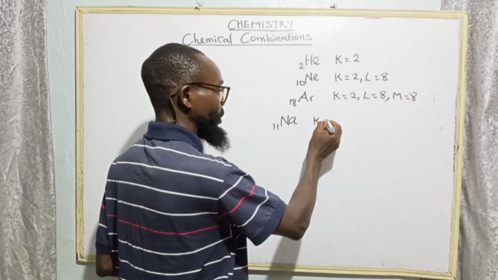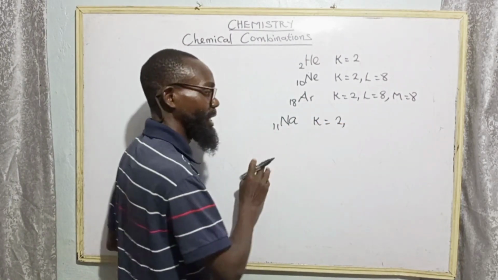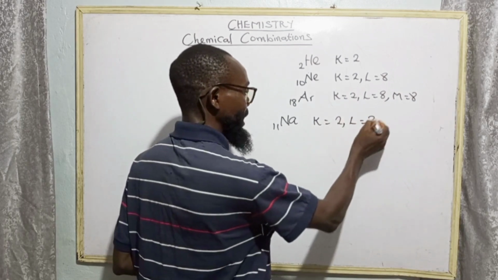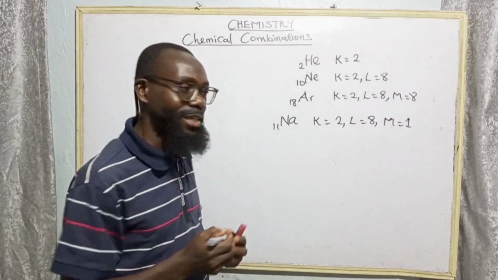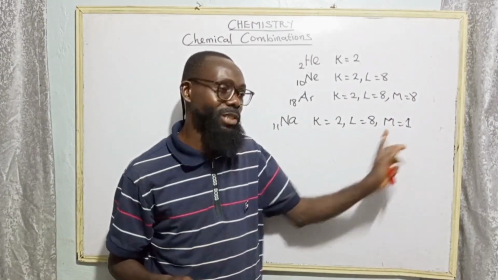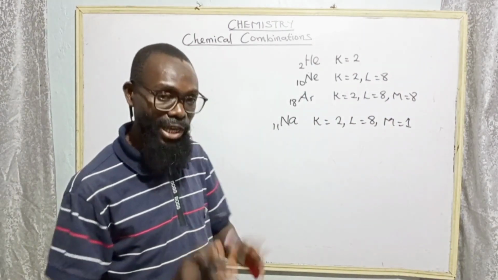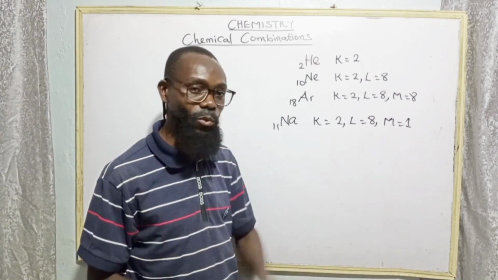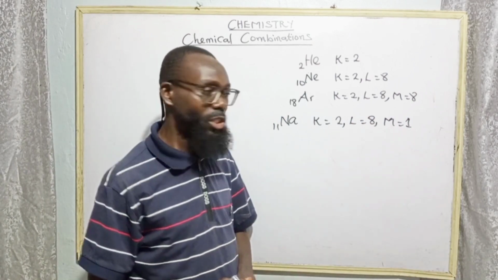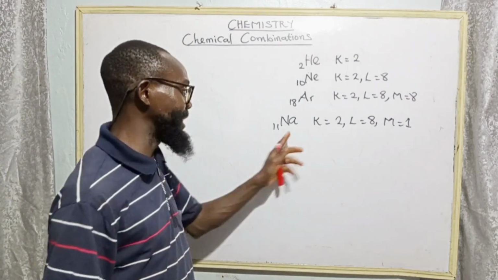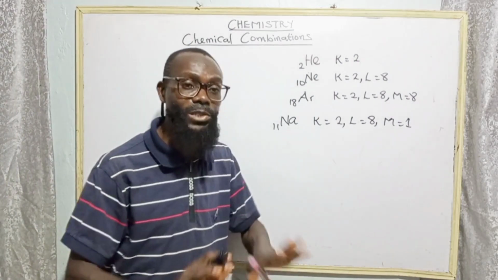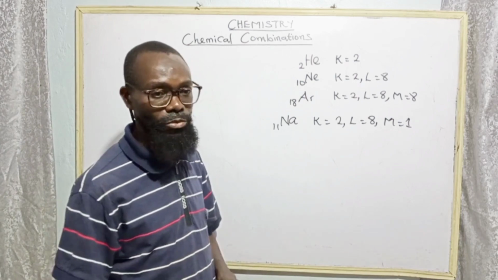The K shell of sodium is 2, the L shell of sodium is 8, and the M shell of sodium is 1. And we know very well that our M shell must contain a maximum of 8 electrons, but now it's having 1 electron. So having 1 electron in the outermost shell makes this sodium unstable.